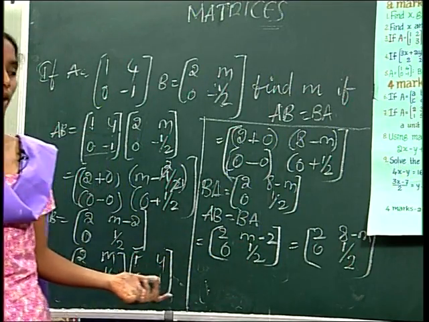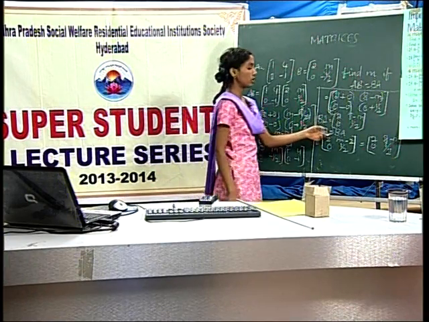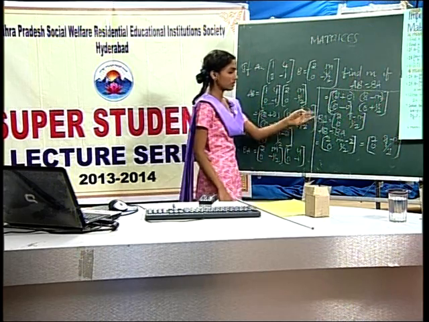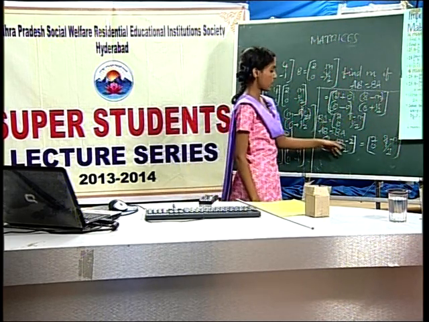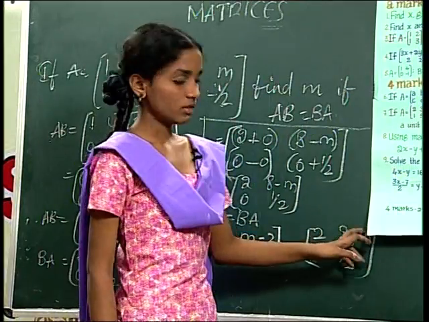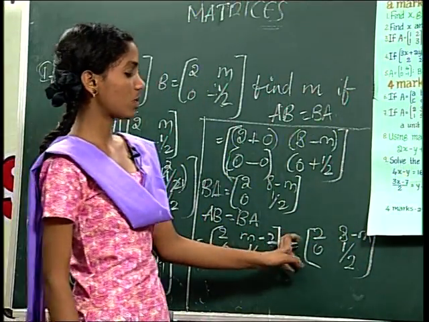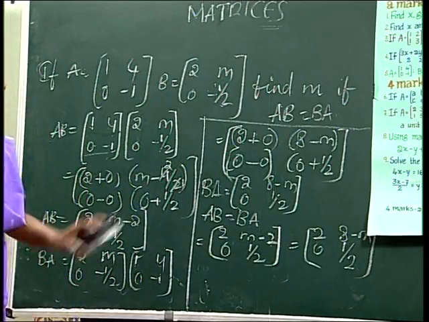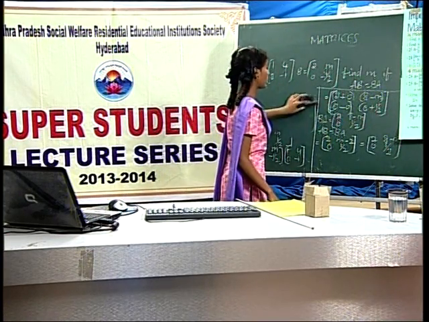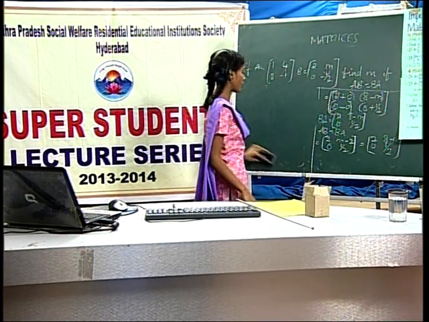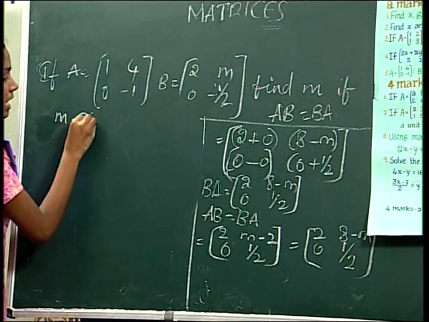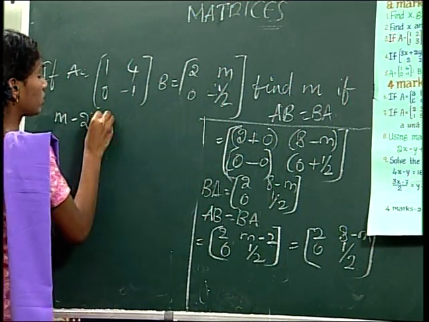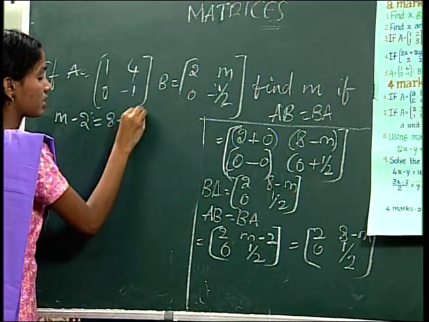By the equality of matrix, to find m, we should equate the corresponding elements. What are the corresponding elements? m minus 2 and 8 minus m. We should equate those two corresponding elements to find m. See here, by the equality of matrix, m minus 2 equals 8 minus m.